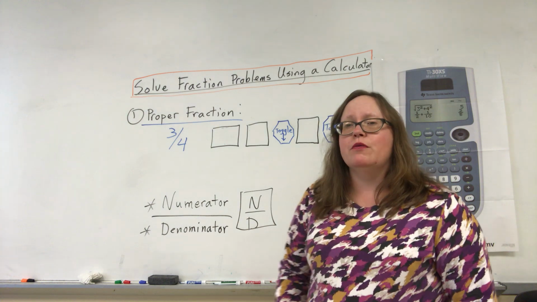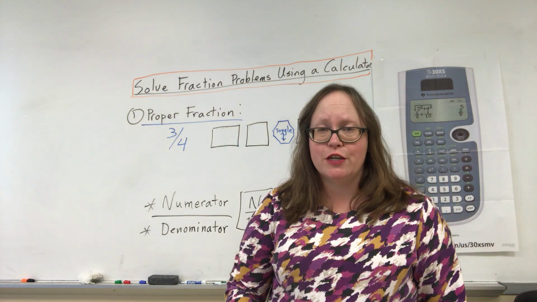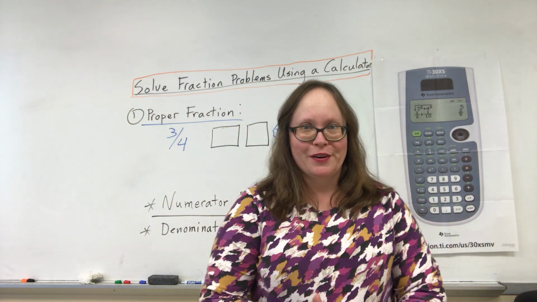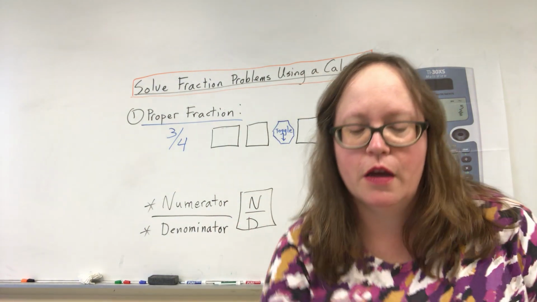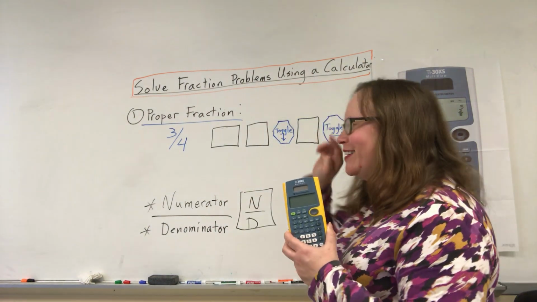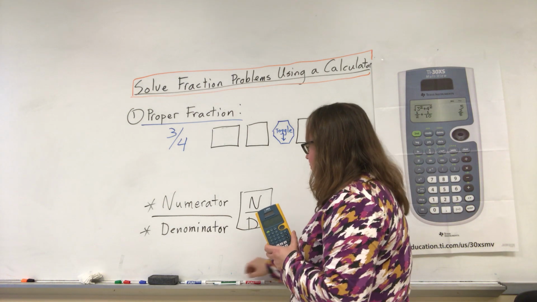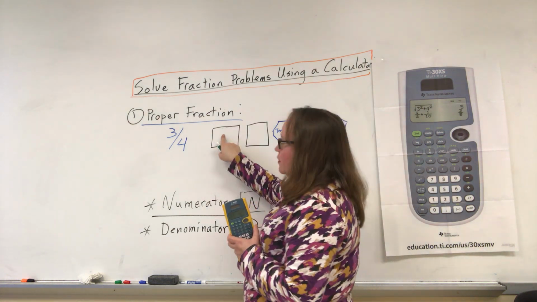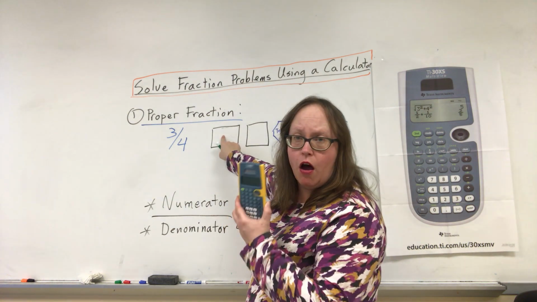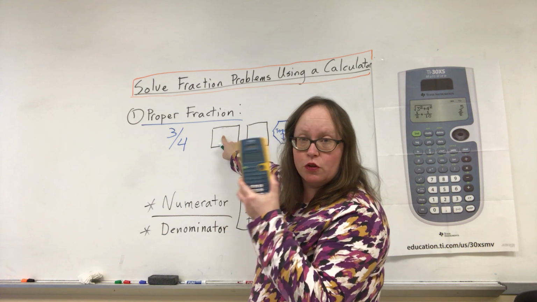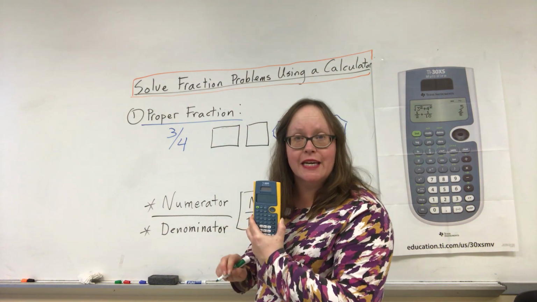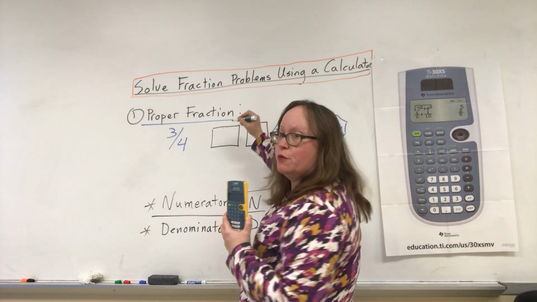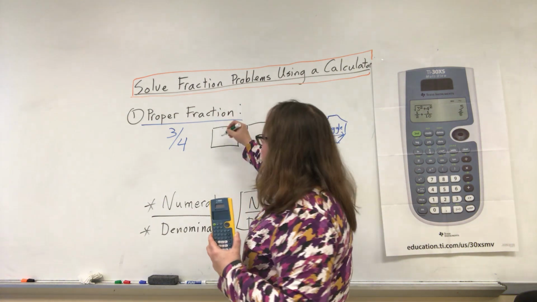I want to now be able to put 3/4 into my calculator. So here's what we're going to do. Grab your calculator. The first button I'm going to press on the calculator, either physical calculator or my online calculator, I'm going to press the N over D button.